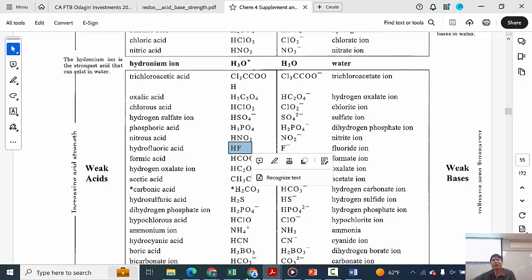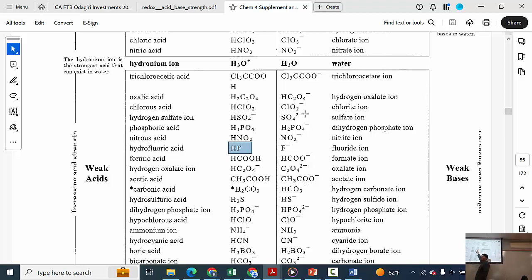And we're looking at what bases it will react with. The acids are on the left, the bases are on the right, and then we ask ourselves questions like, will HF react with the base chloride ion? If I look at chloride, it's here.